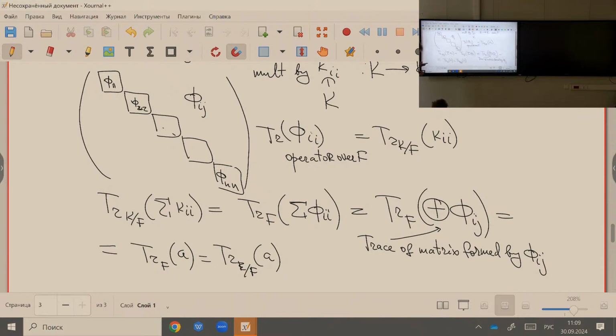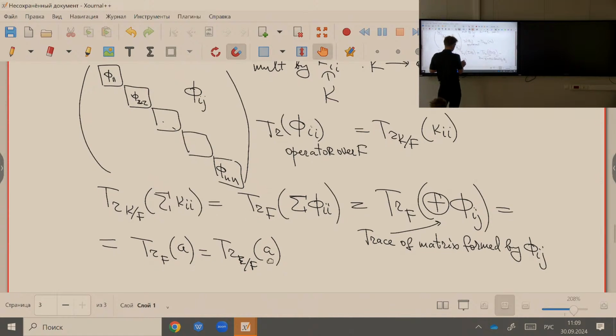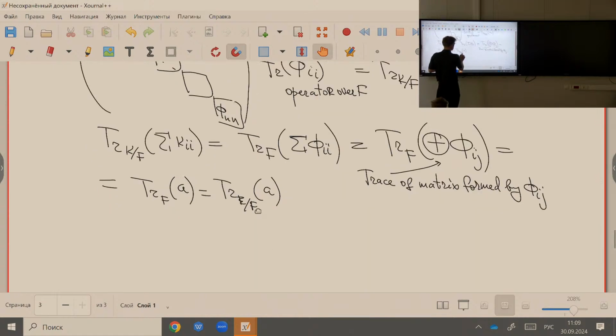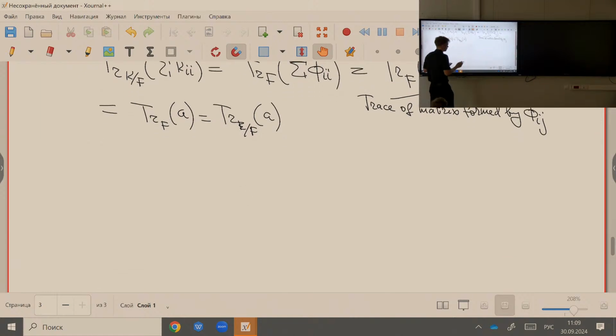And also, now I want to discuss a very important thing that we need to use. Suppose the extension is Galois, and we need to know the characterization of separable extensions in terms of the trace.